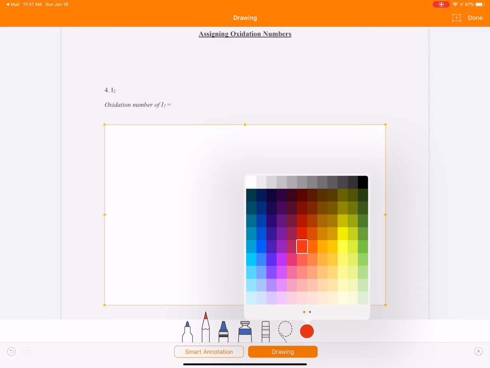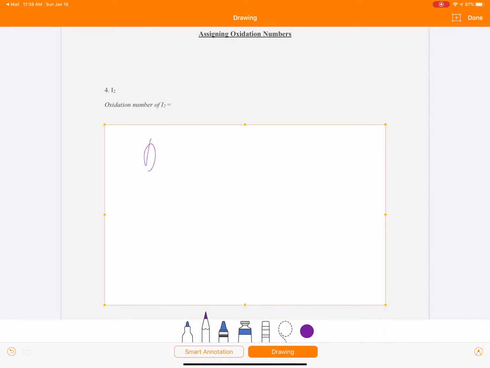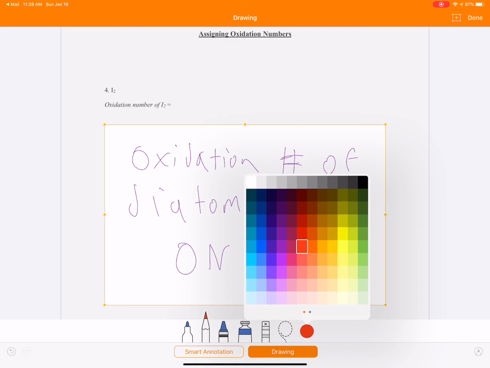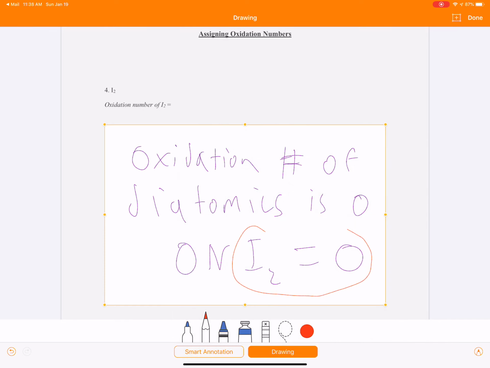But I also mentioned a rule in the beginning that the oxidation number of diatomics is 0. So in this case, the oxidation number of iodine is 0. That's just another rule.